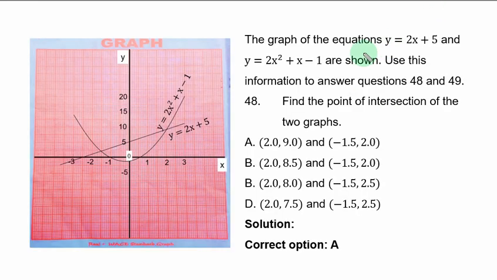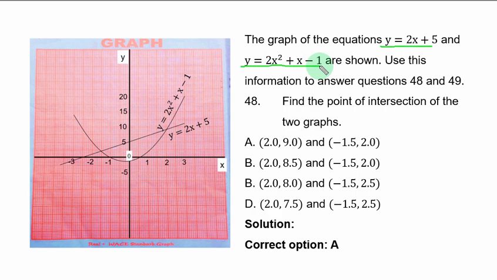The graph of the equations y equals 2s plus 5 and y equals 2s squared plus s minus 1 are shown. Use this information to answer questions 48 and 49.